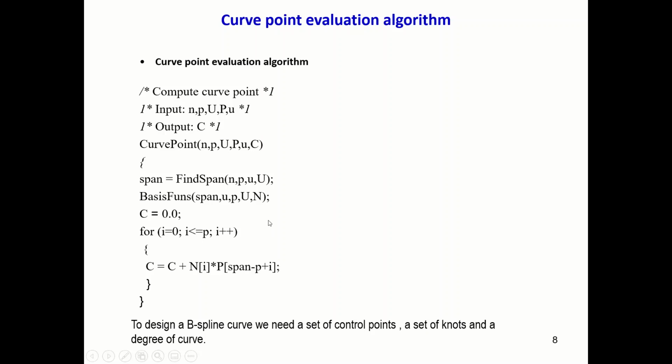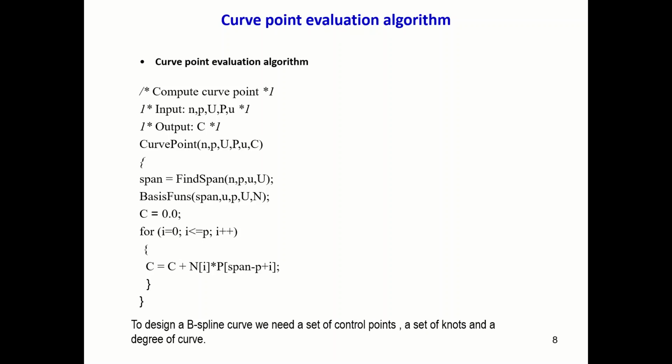and we use the span in the basis function by calling BasisFuns of span, u, p, capital U and N. We'll initialize C as 0 and run a simple for loop in which we compute the value of C as C equals C plus N of i multiplied by P of span minus p plus i.